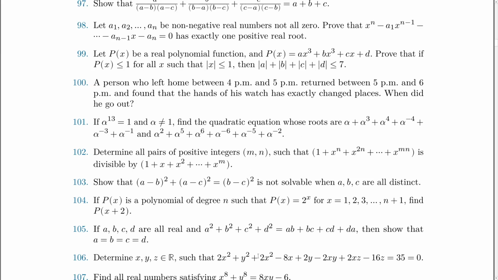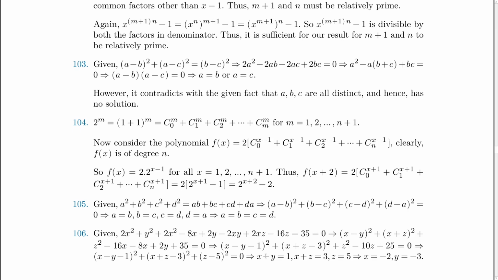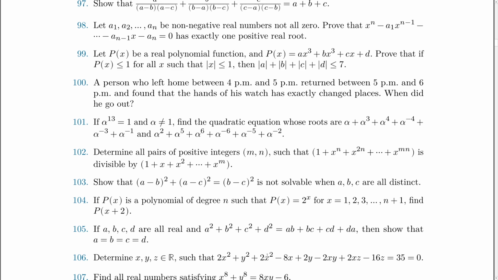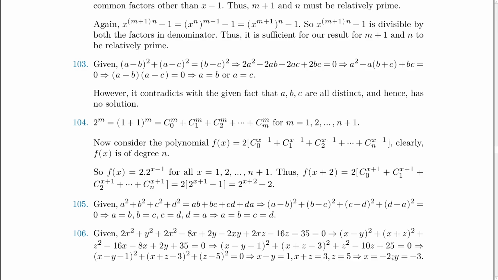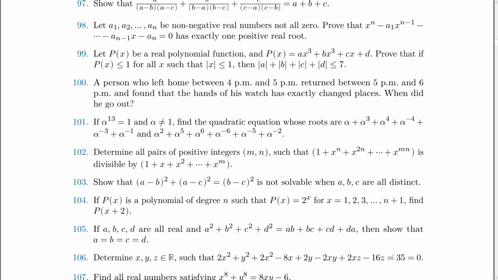This is x square, this is y square, and this should be z square. There is a sign missing here, this should be plus.